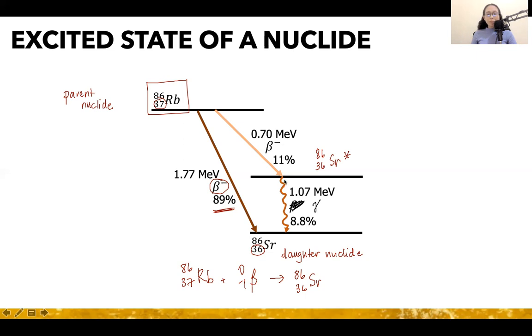But when the excited daughter nuclide releases the excess energy, only 8.8%, which means that you have a remaining fraction of your strontium atoms that remains in an excited state. Now, again, this is just an average. This is just on the macroscopic scale.